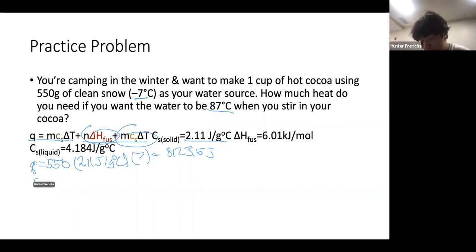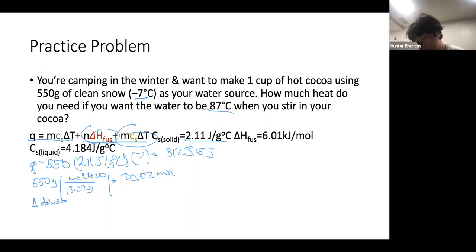So you have 550 grams of water, and you divide by 18.02 grams per mole of H2O. So 550 divided by 18.02 is 30.52 moles.